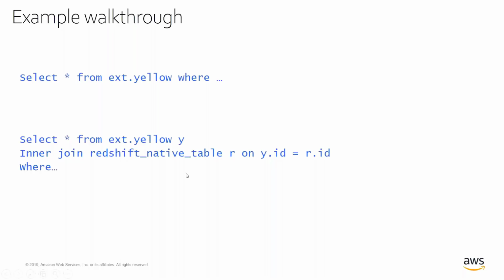As I have already mentioned, in Redshift, you load your data natively, so you get the fastest access to low latency queries. But with Redshift Spectrum, which is what we are learning today, you can do a join between a table that is native to Redshift with a table that is external to Redshift.